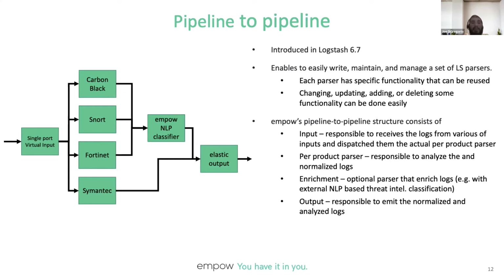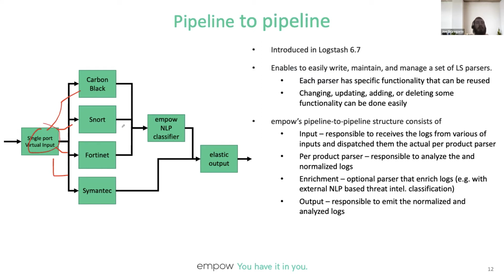Looking at the model we have here, for empow structure, we typically use this structure, and this is what we typically recommend, which is we're starting off with that single port for virtual input. From there, you're going to have a dispatcher, and that's going to send it off to each of the individual parsers within the environment to collect the specific information for that vendor. Once that's done, you then have the choice to do one of two things.